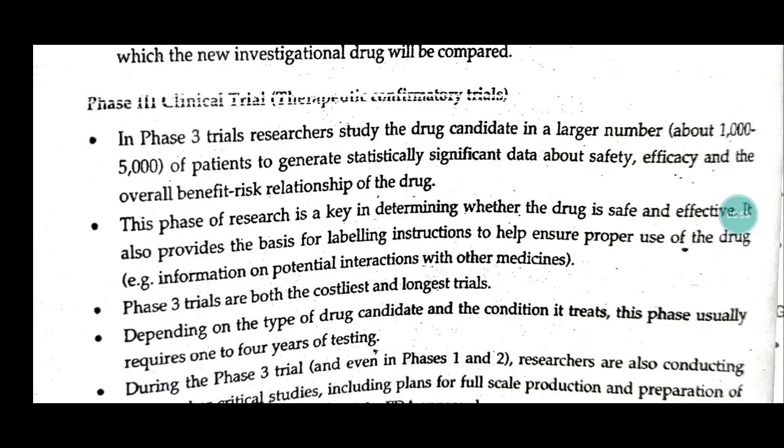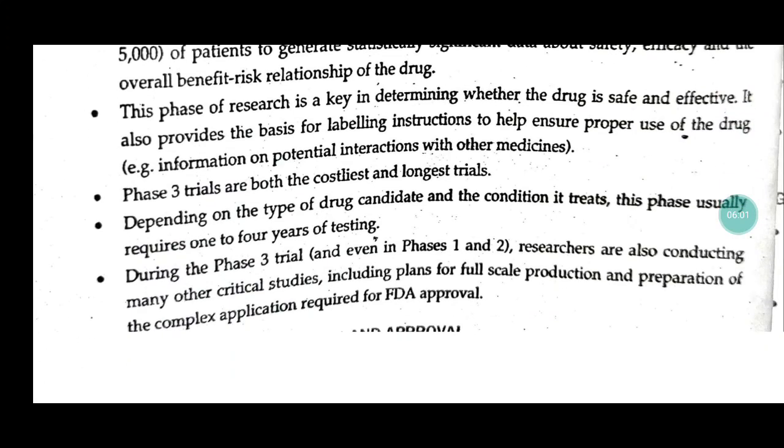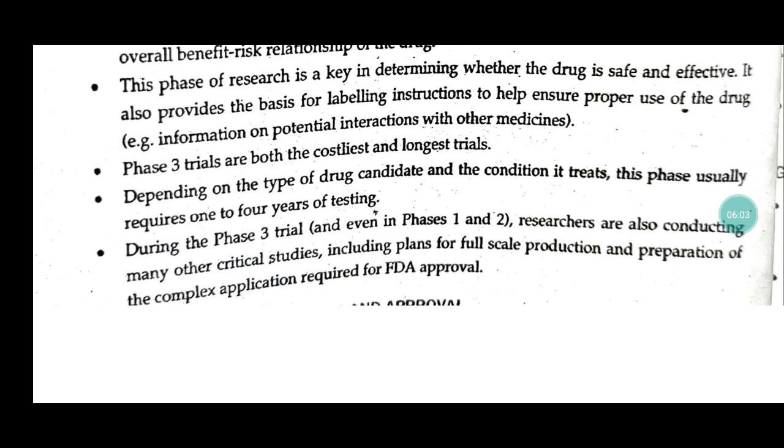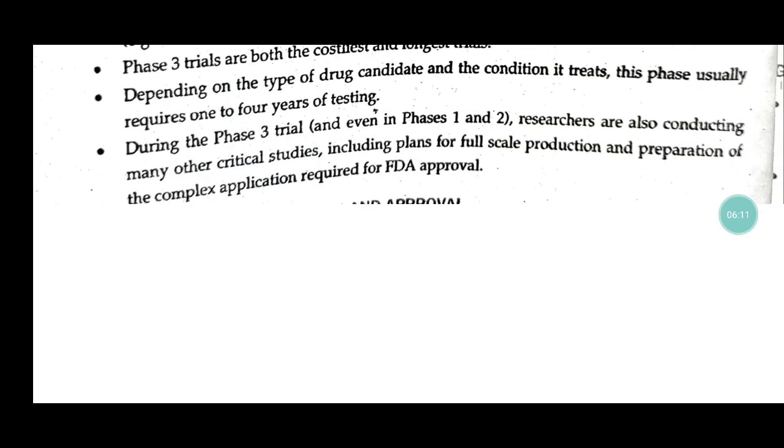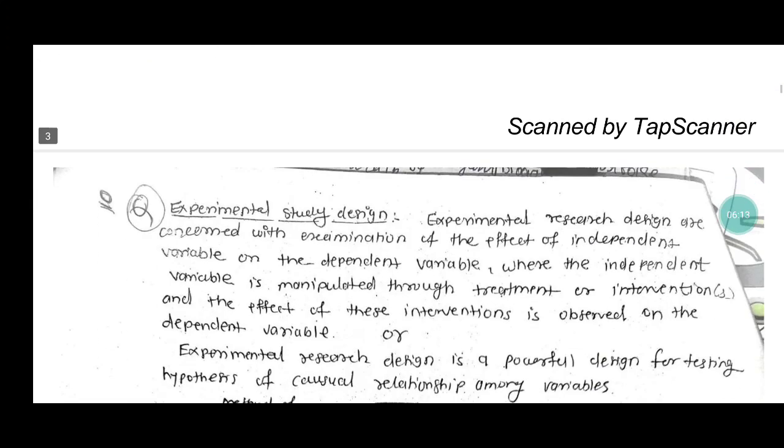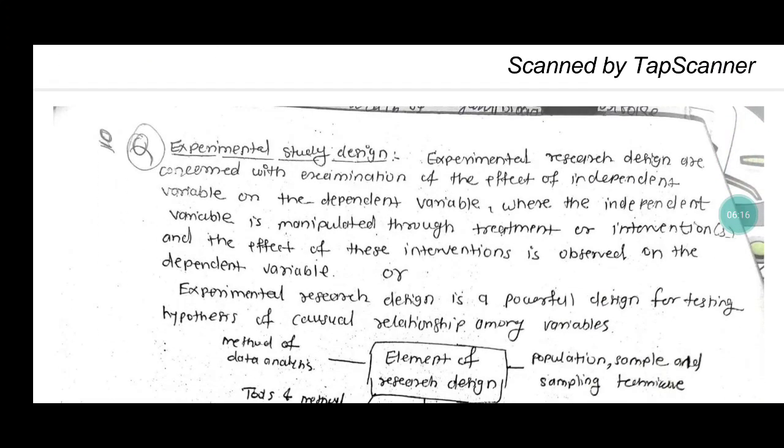During the phase 3 trial, and even in phase 1 and phase 2, researchers are also conducting many other critical studies, including plans for full scale production as well as the preparation for the complex application required for FDA approval. Now the second question: discuss the protocol for an experimental study design.